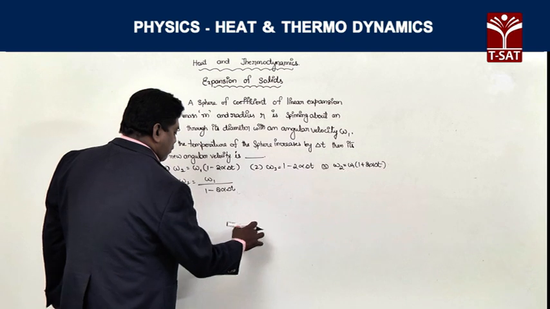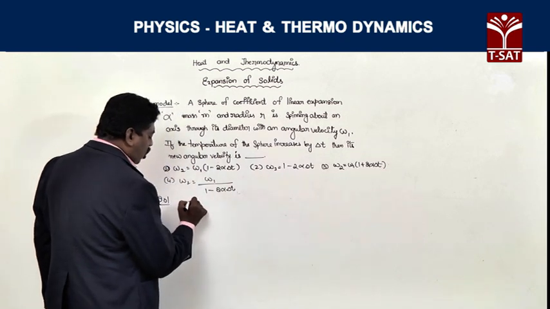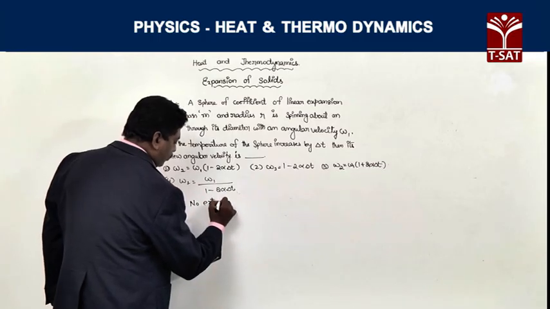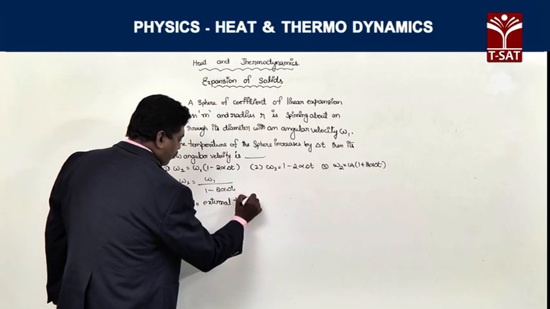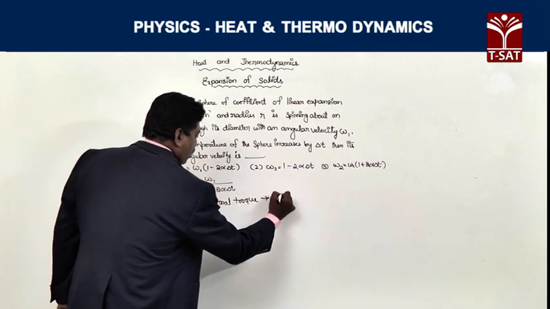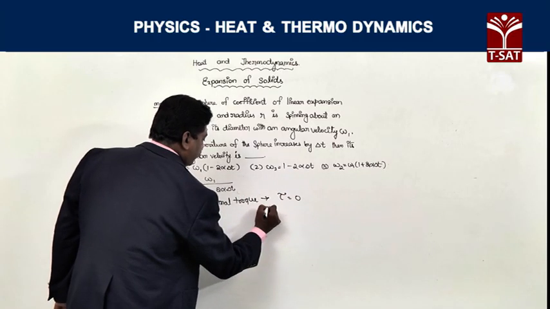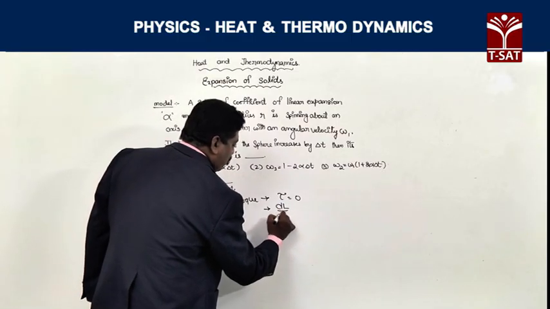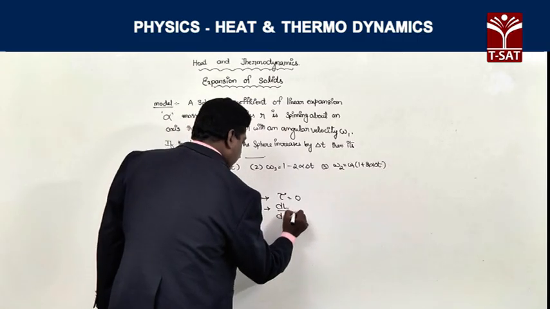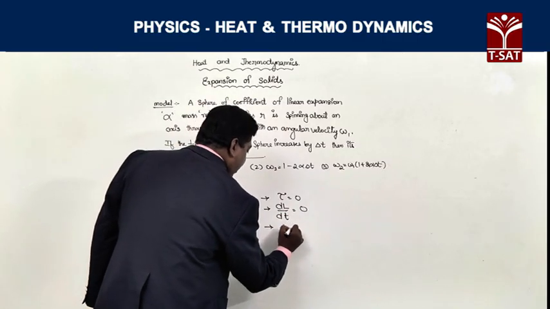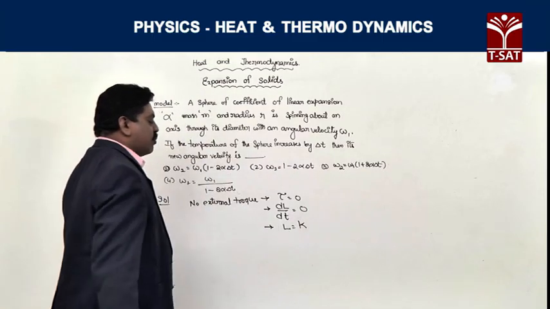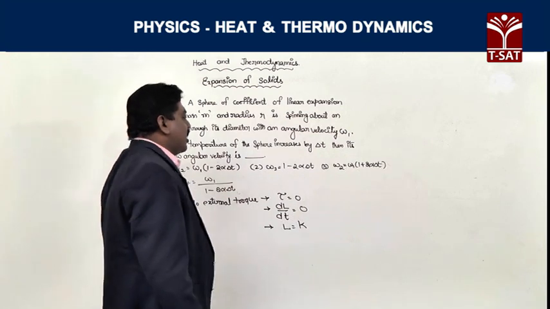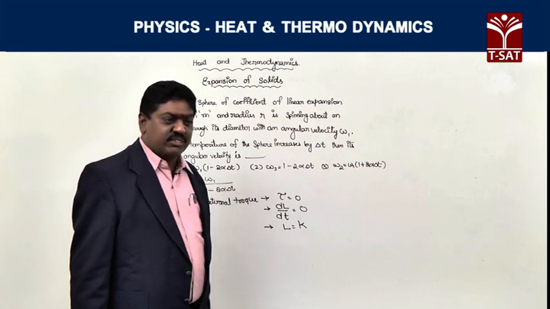We know very well that when there is no external torque, that is tau equals 0, it implies the rate of change of angular momentum is 0, then in that case angular momentum is constant, because there is no external torque in the given problem, only the temperature is increased.